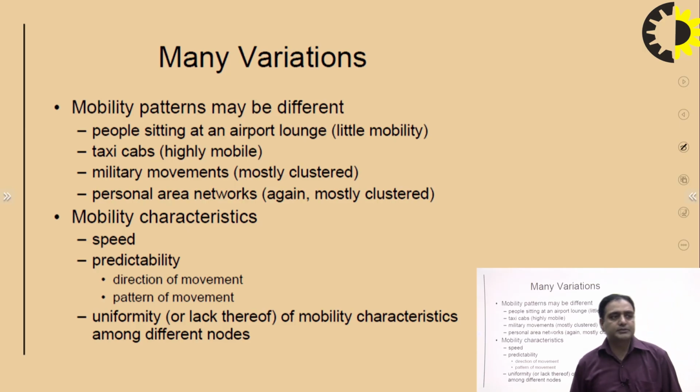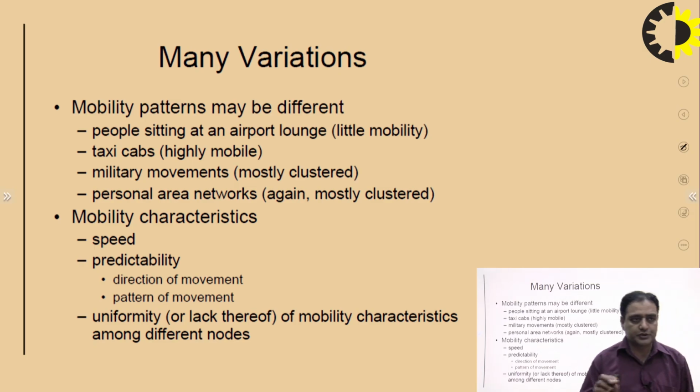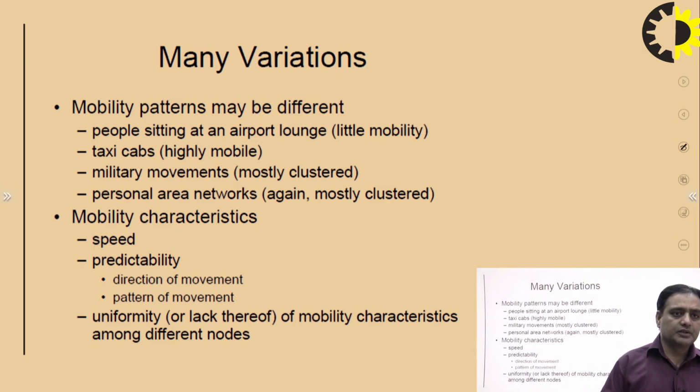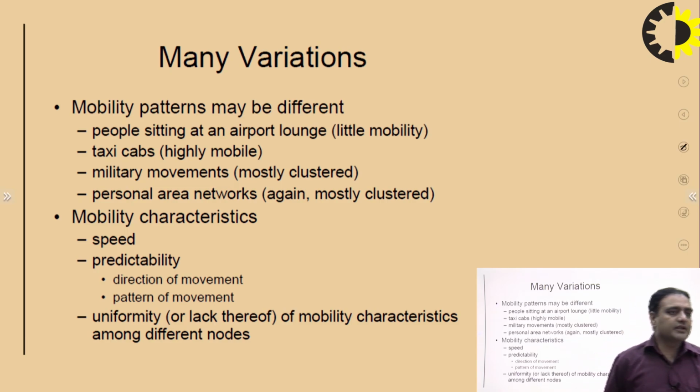Second, military movements are mostly clustered, meaning the movement of military operations is very specific in the military domain. One military operation moves from one point to another point, so the location is specific. Personal area networks.